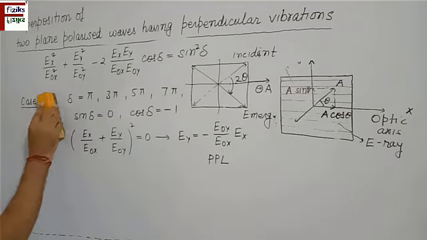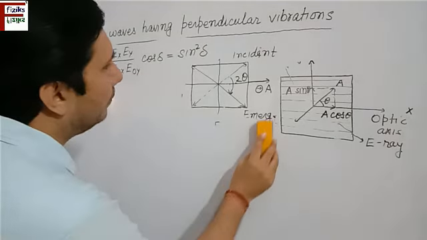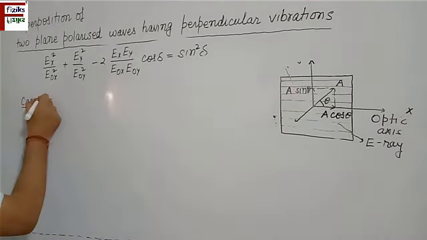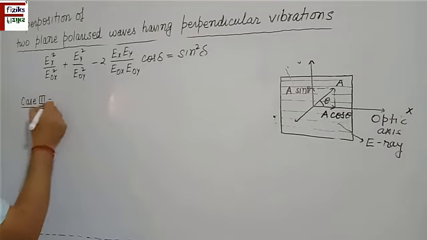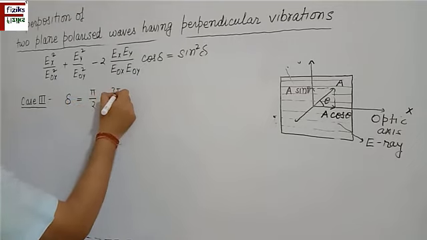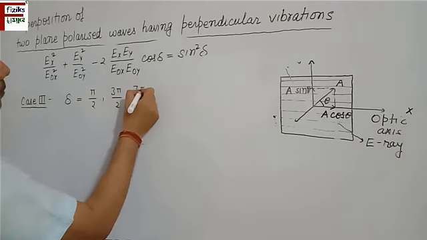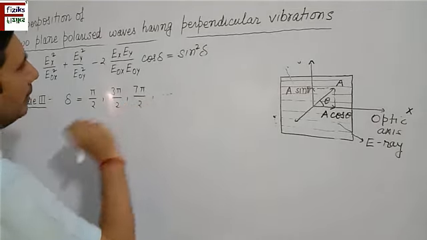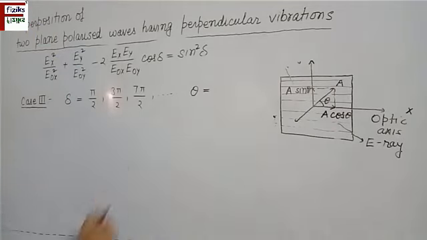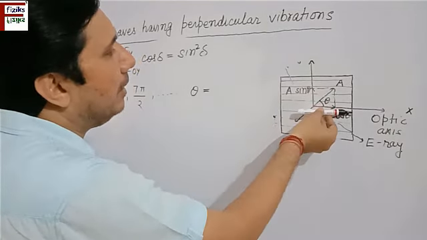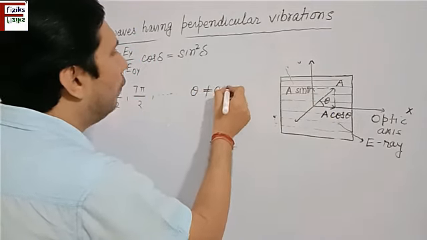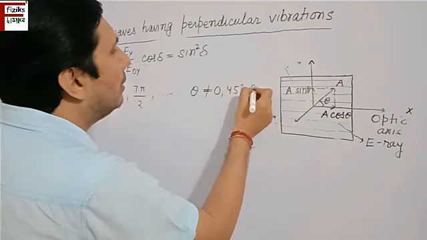Now come to case number 3. If the phase difference introduced is pi by 2, 3 pi by 2, 7 pi by 2, like this, and theta, the incident angle, which is the angle between the electric vector of the incident PPL and the optic axis, is not equal to 0, 45 degree or 90 degree.